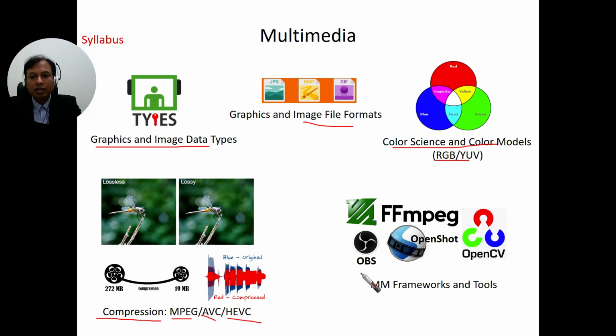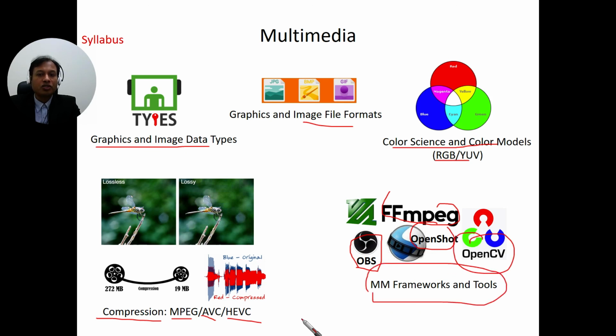And then in multimedia frameworks and tools, we'll be coming across how these things work: OBS, FFmpeg, OpenShot, OpenCV, these sorts of multimedia frameworks and tools we'll be talking about.